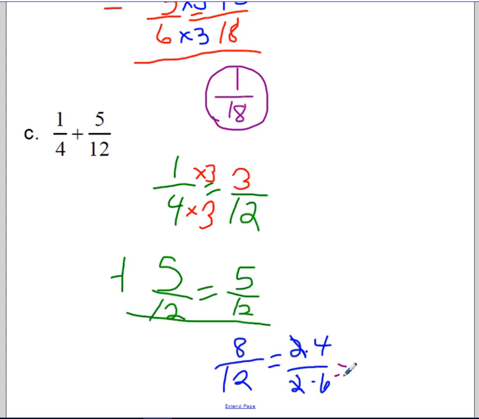But that's okay as long as we keep going. So 4 is 2 times 2, and 6 is 2 times 3. So let's cancel out another set of 2's, and we're left with 2/3 as a final answer. So 1/4 plus 5/12 gives us 2/3.